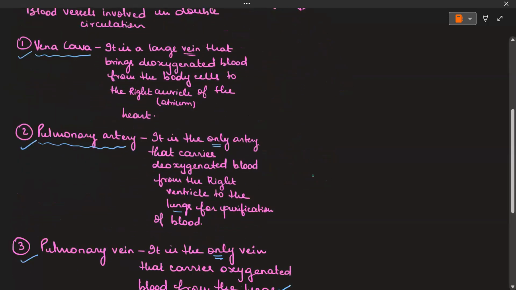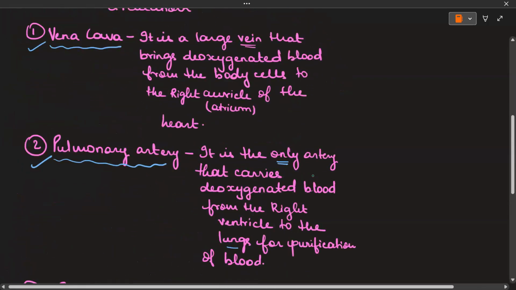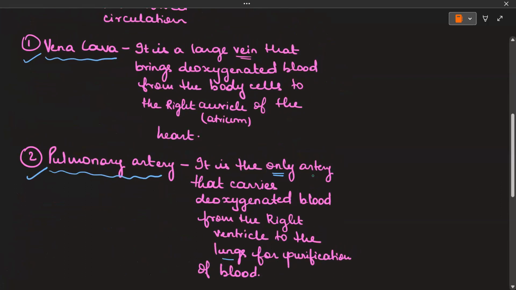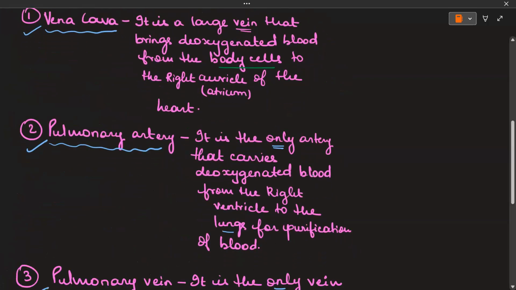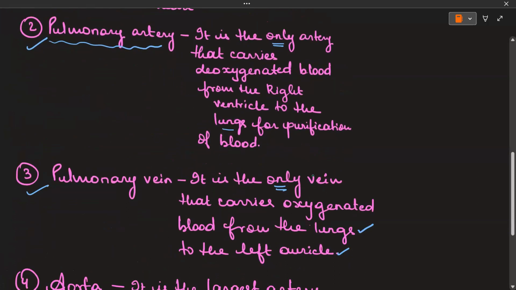Now, these are some lines about the vessels that are involved. The vena cava is a large vein that brings deoxygenated blood from the body cells to the right auricle of the heart. The pulmonary artery is the only artery that carries deoxygenated blood from the right ventricle to the lungs for purification or oxygenation.